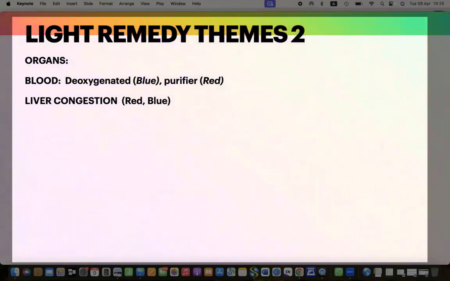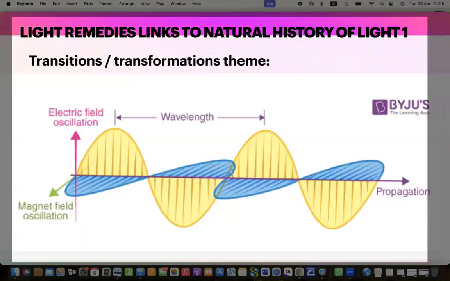Some of the organs, blood comes up in blue and red, deoxygenated in blue, and as a blood purifier in red, and liver congestion. So there seem to be two of the organs that come up. So let's look at the links to the natural history, that transitions and transformation theme.